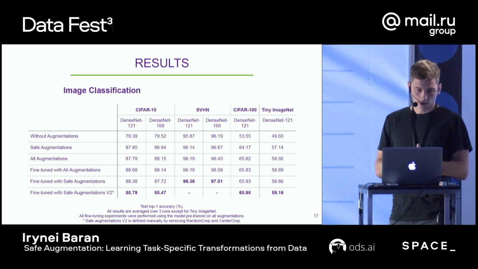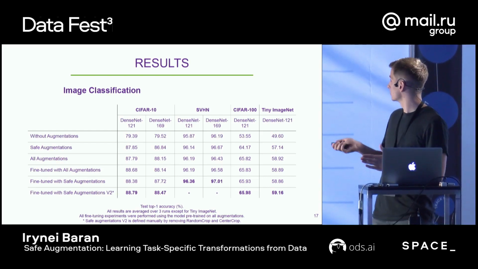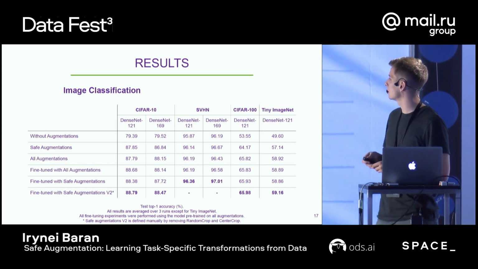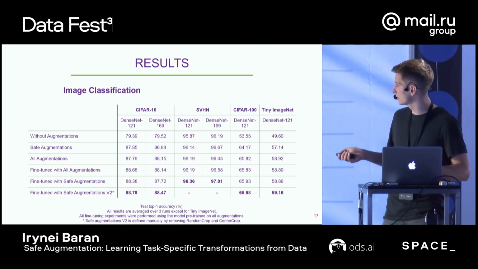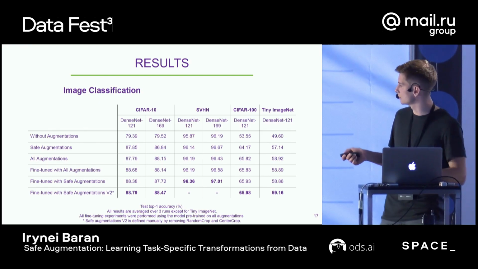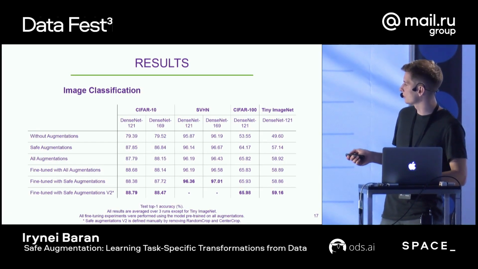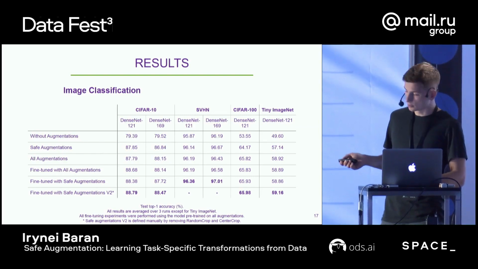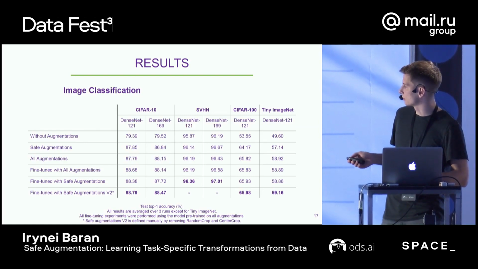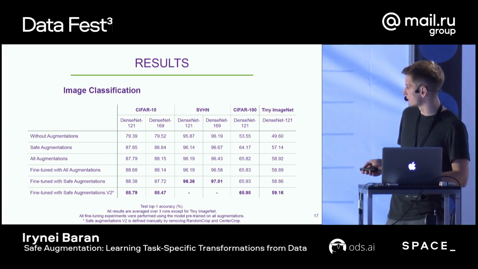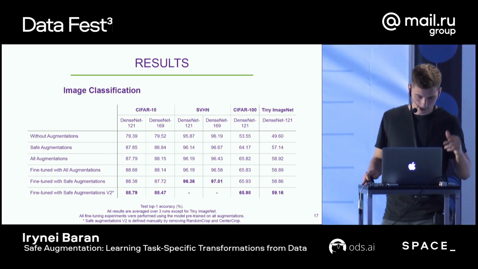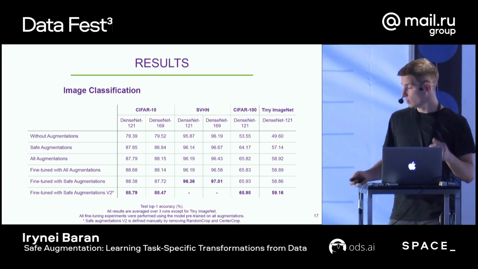Here are the results from all the data sets from the image classification task. We tried training without augmentation, using only our safe augmentation, using subsets of all augmentations, and also pre-training on all augmentations and fine-tuning on all, pre-training on all and fine-tuning on safe, and pre-training on all and fine-tuning on safe augmentation V2. What is safe augmentation V2?